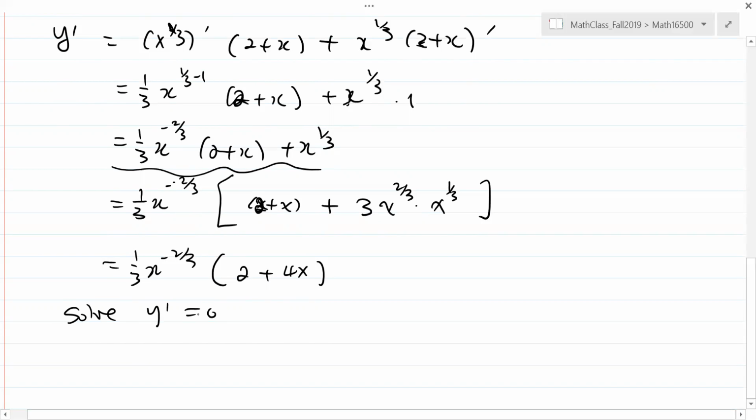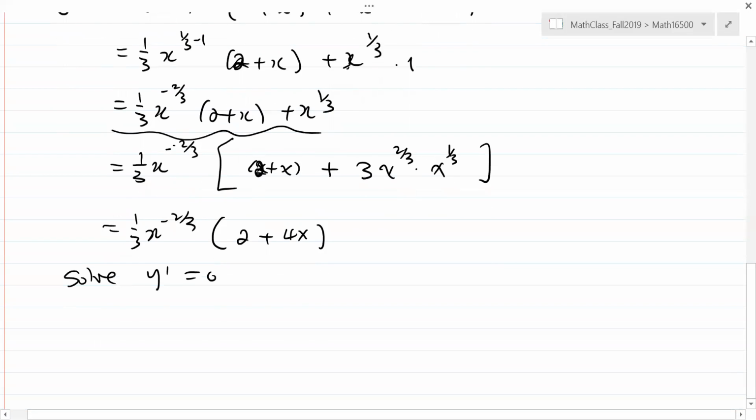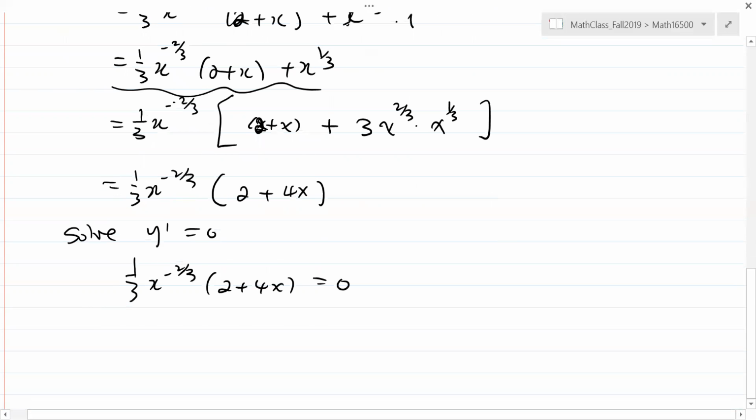The last one. If you can combine those two terms into the product, then you can easily solve this. The first term is never 0, and then 2 plus 4x equals 0, x equals -1/2. See that? But otherwise, you get a pretty complicated equation, right?